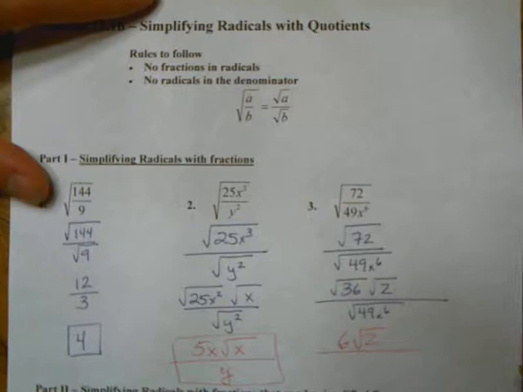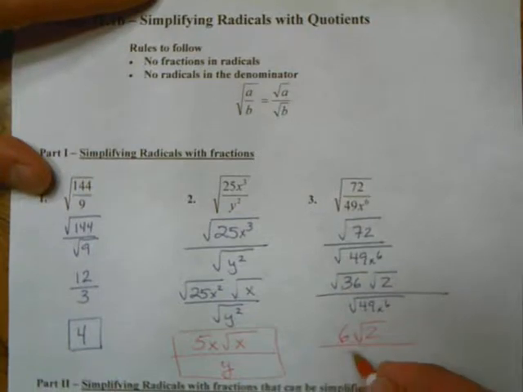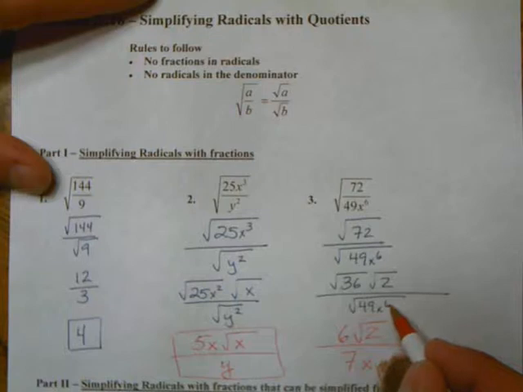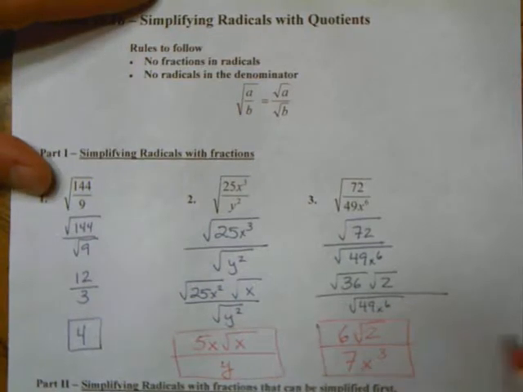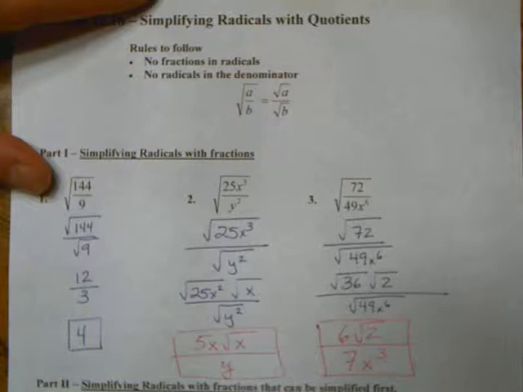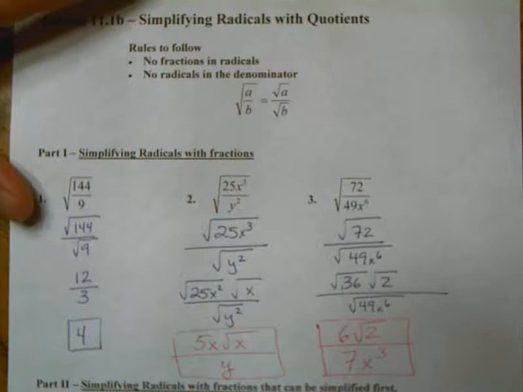So let's simplify our problem. The square root of 36 is 6, so we have 6 root 2 on the top. And the square root of 49x to the 6th is 7x cubed, since we cut the 6 in half. So there's our answer.